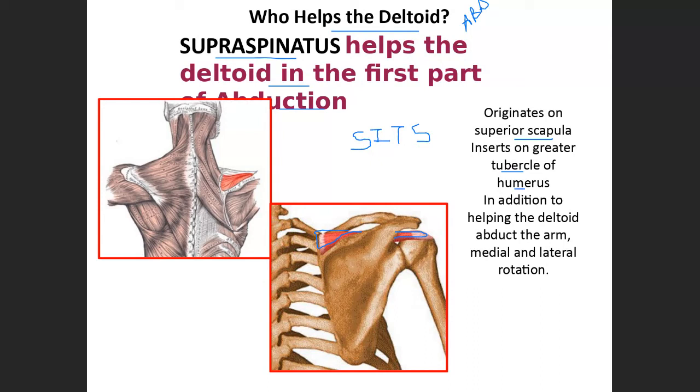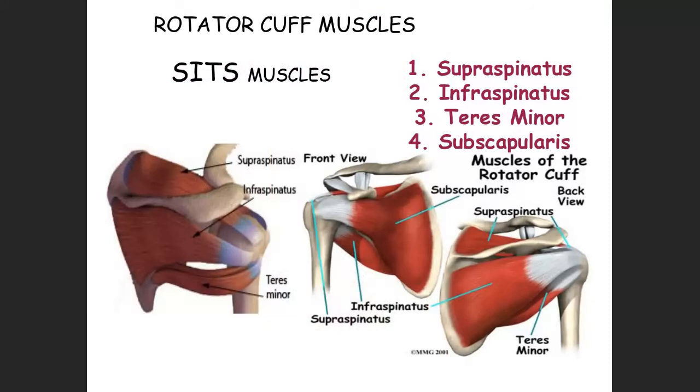So when this is going to contract, it's going to pull the shoulder in abduction. So the rotator cuff muscles, they're an important group of muscles, there's 4 muscles involved that stabilize the shoulder joint. We're going to remember these as the SITS muscles.